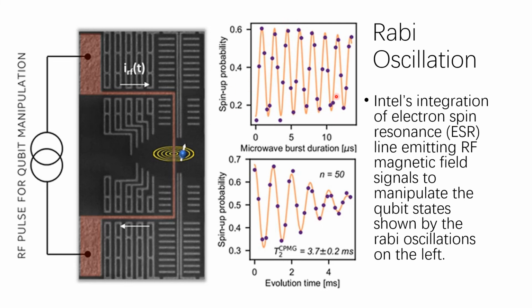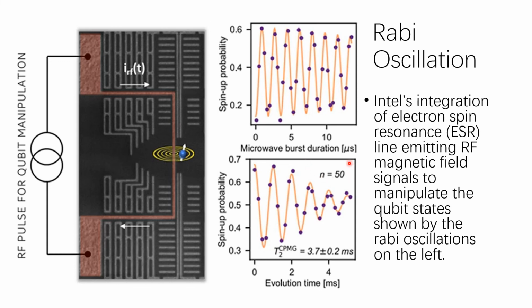As we can see here, the Rabi oscillations of such a qubit are displayed. If we change the time scale, we can see that as we progress with such oscillating operation, the spin-up probability will eventually decohere. The coherence time T2 can be measured as around 3.7 milliseconds.